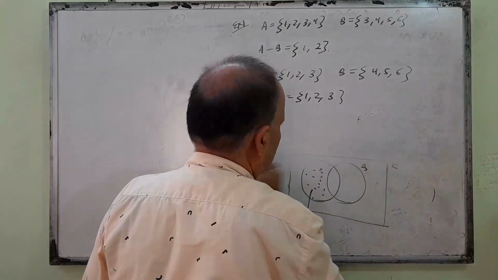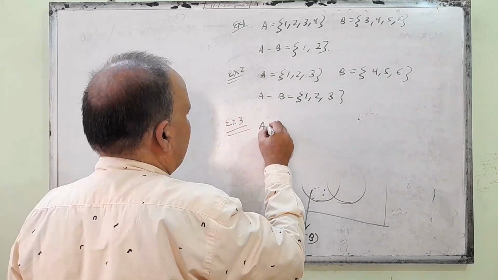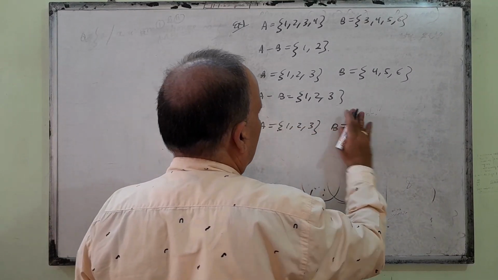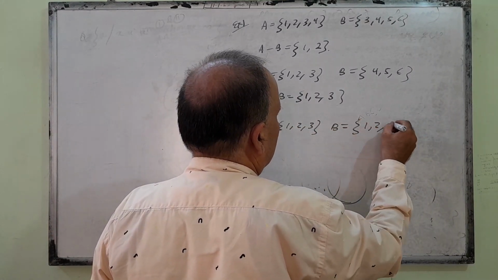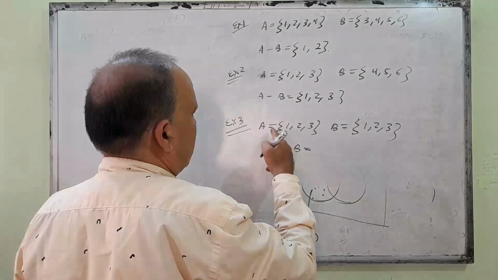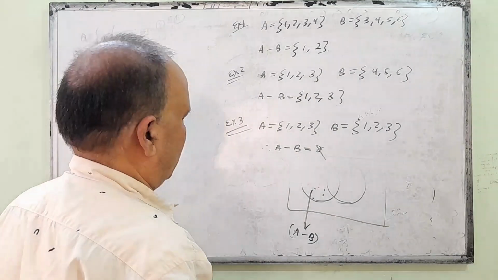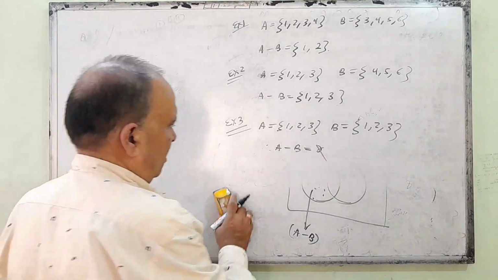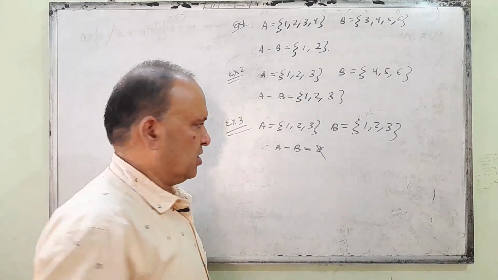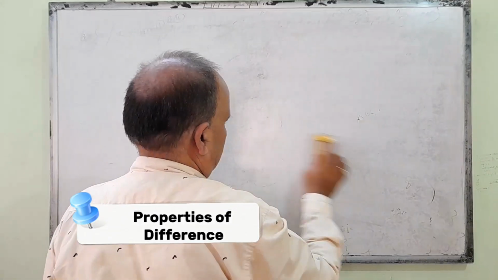Example 3: suppose A is equal to {1, 2, 3} and B is equal to {1, 2, 3}. We can say A minus B, that means from A all the elements are gone, so A minus B is equal to the empty set. These are the examples of difference. Next, come to some properties of difference.